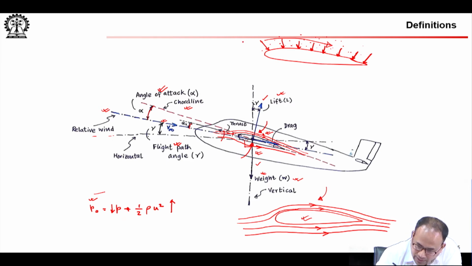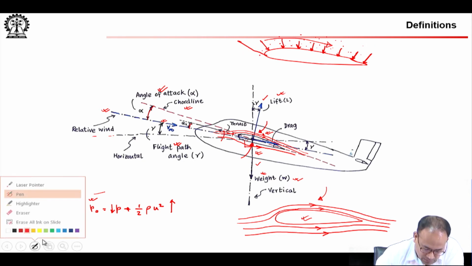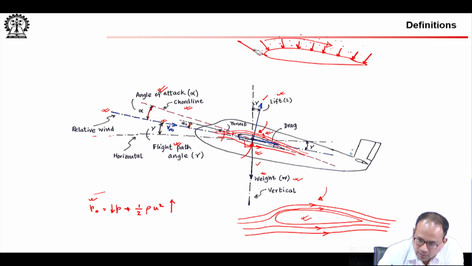It will actually be high in the, sorry, it is not normal. Let me remove this one.